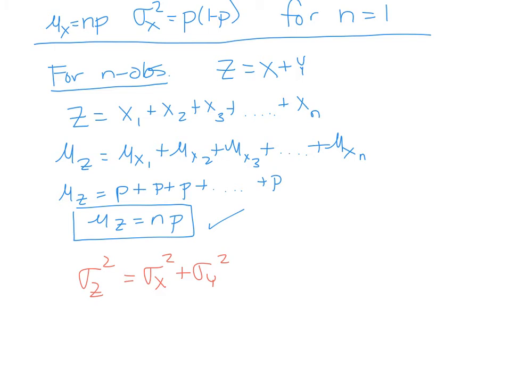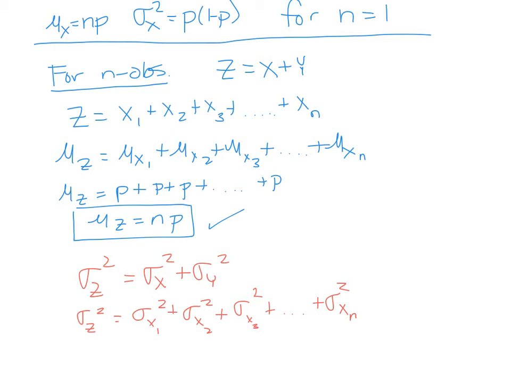So my variance of z is really the variance of x1 plus the variance of x2 plus the variance of x3 plus yada yada yada plus the variance of x sub n.